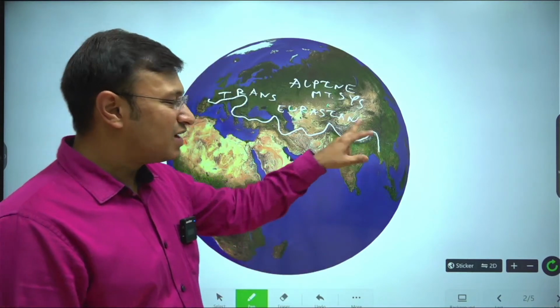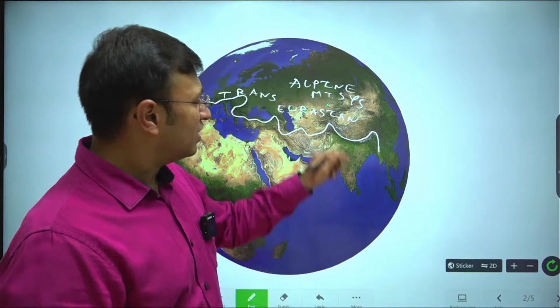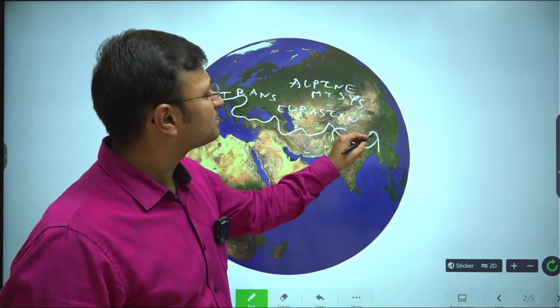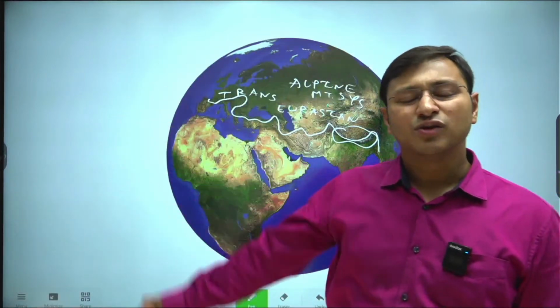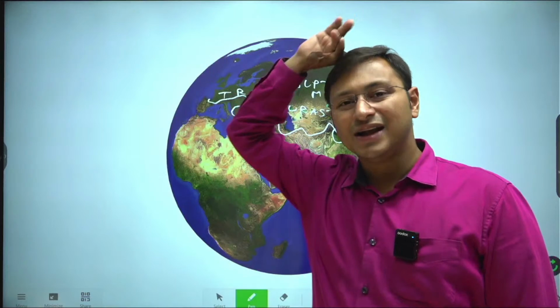And mind you guys, here you will have the world's tallest and the world's youngest mountains, Himalayas. And in consonance with this, in South America you will have the Andes, and in North America you will have the Rockies and the Northwest Pacific Mountains.